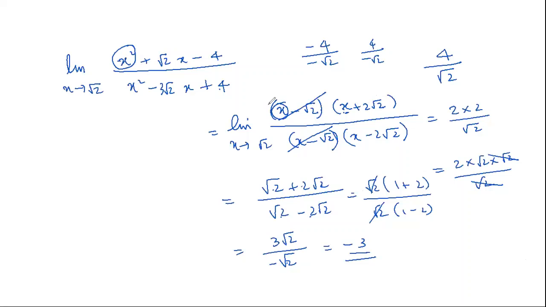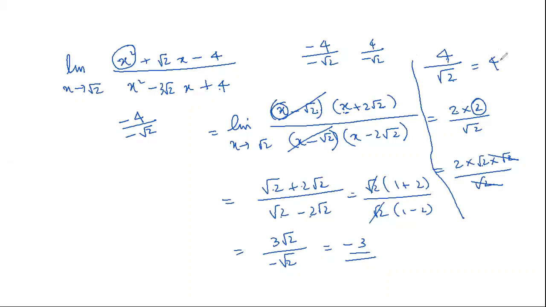Divide the highest power by x. Divide the constant by the constant. So minus 4 divided by minus root 2. That means it is 4 divided by root 2. How to calculate 4 divided by root 2? 4 is 2 into 2, and 2 can be written as root 2 into root 2. So one root 2 got cancelled.